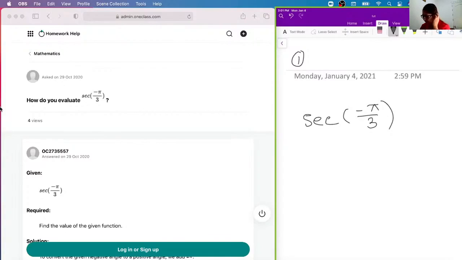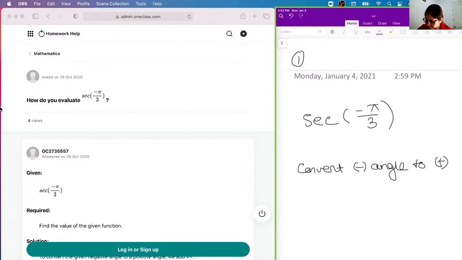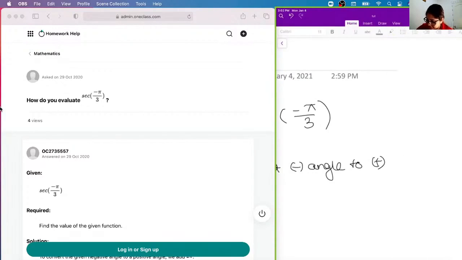Since we have a negative angle, we're dealing with a negative pi over 3. So to convert the negative angle to a positive angle, you basically have to do the following.